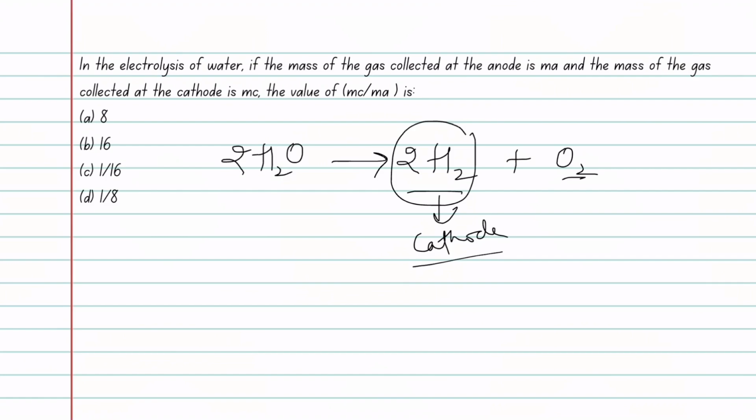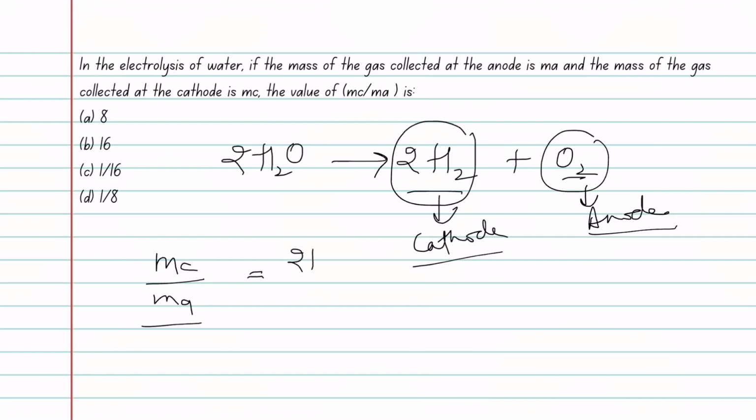because H+ is a cation. Cations go to the cathode. Oxygen would be produced at the anode because hydroxide or oxide is an anion. Anions go to the anode, right? So Mc by Ma is what we have to determine. The mass of gas collected at the cathode is 2 molecules of hydrogen.